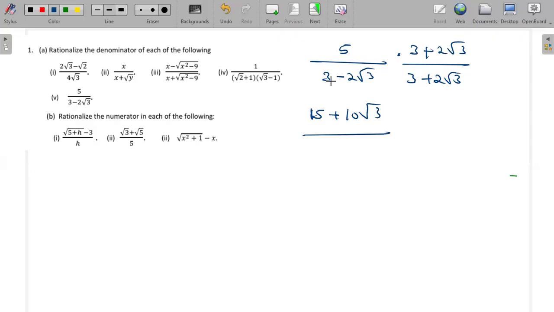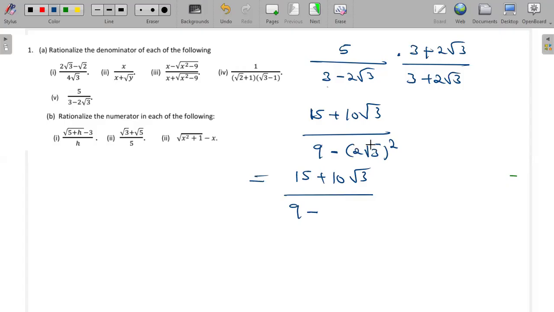Down there, 3 squared is 9, since it's 3 times 3. So 3 squared there is 9. Then minus, here what we're squaring is this. So this is now just going to be 15 plus 10 root 3. Then you have 9 minus, so 2 squared gives us 4.